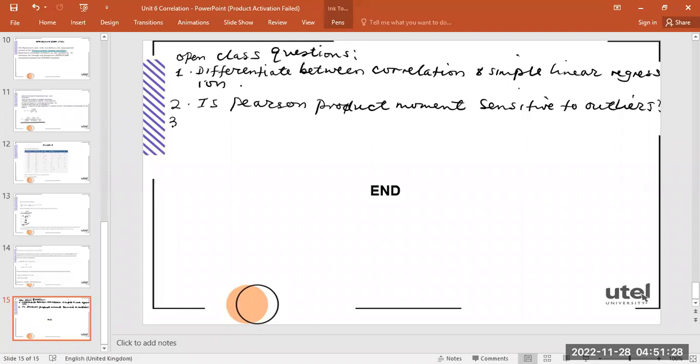And then the last but not the least says: does correlation imply causation? In other words, when two variables are correlated, does it imply that one causes the other? Yes or no? And then explain a little further.